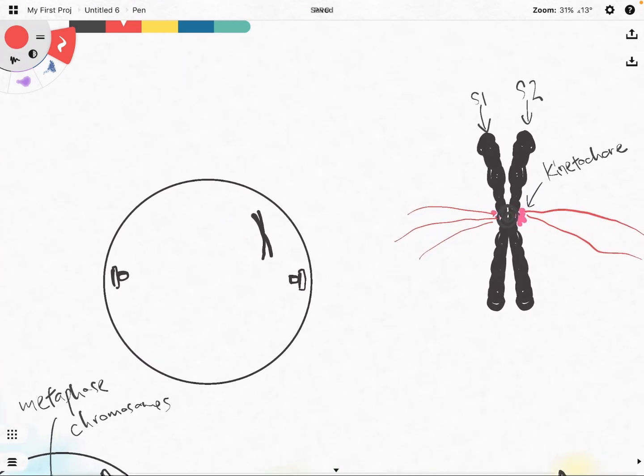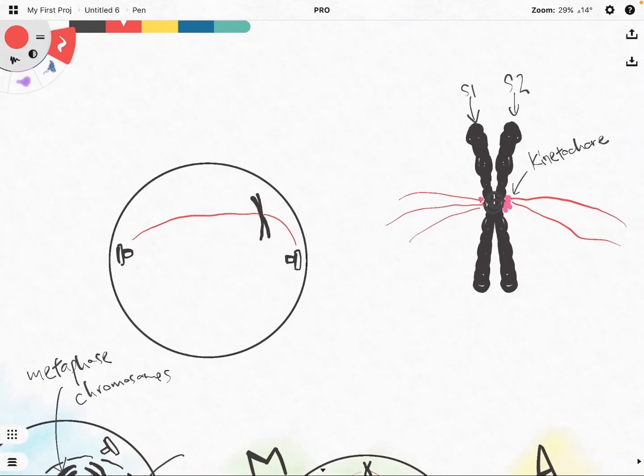If I were to look at the cell, you'll find that the kinetochore microtubules will come out from the centrosome from both of the opposite poles, and they will attach to the same centromere. And a kind of tug of war starts to occur.